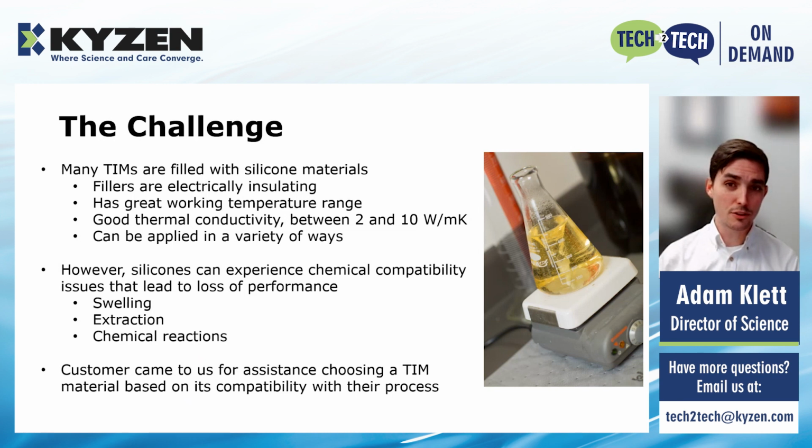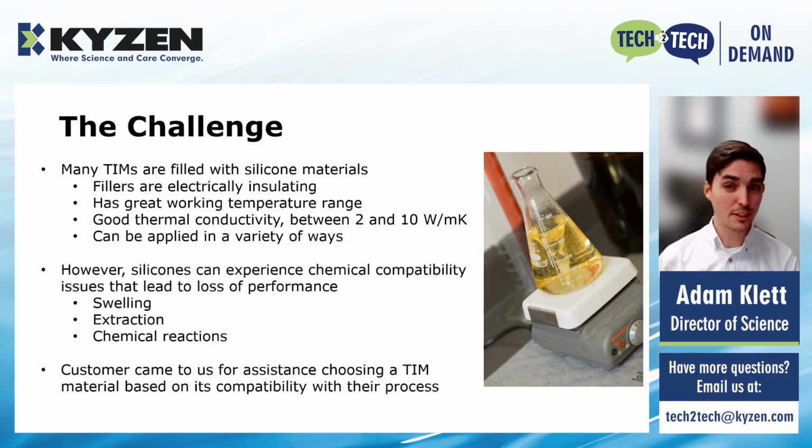However, silicone materials do have a few issues with them, and one of the biggest is the chemical compatibility issues that might lead to a loss of thermal performance. This can come in the form of swelling, where the material can actually soak up a solvent like heptane or your cleaning chemistry, and then cause the material to swell, and then you lose thermal properties.